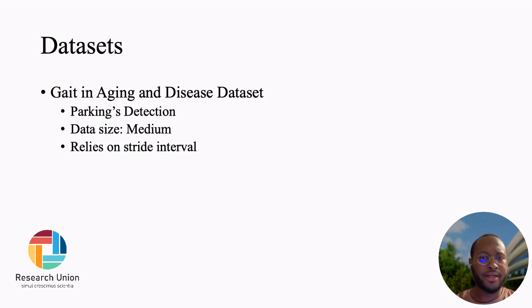So for this experiment, I have three datasets. One for Parkinson's detection. Given a set of features, we're going to predict if that particular patient has Parkinson's. I have categorized this dataset as a medium-sized dataset. It relies on stride interval.